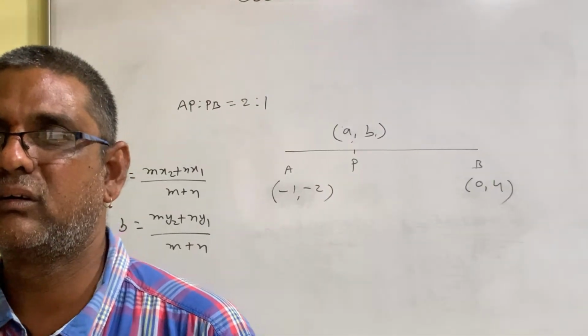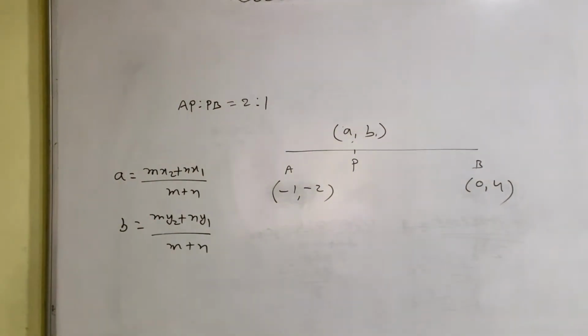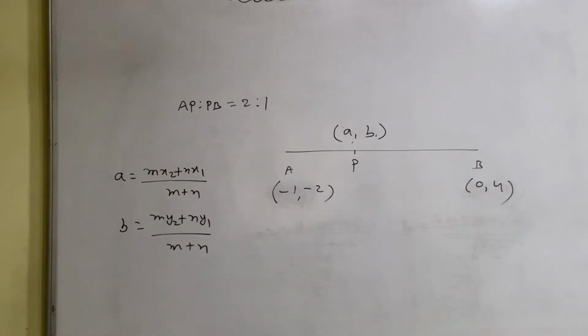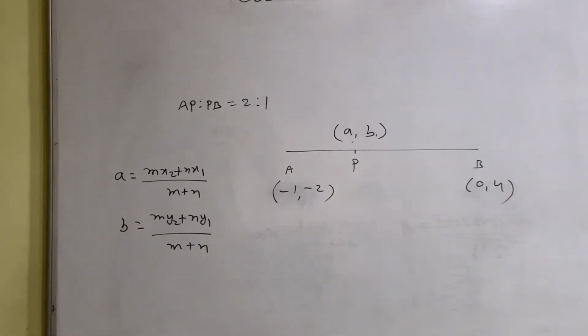Minus 1 comma 3 by 2, minus 1 by 3 comma 2, which is right?